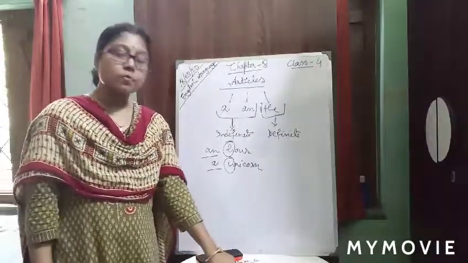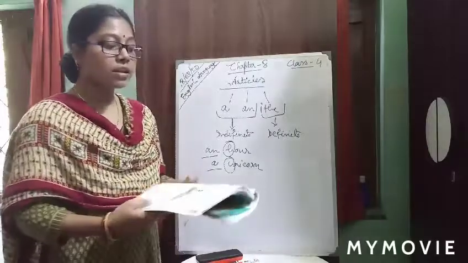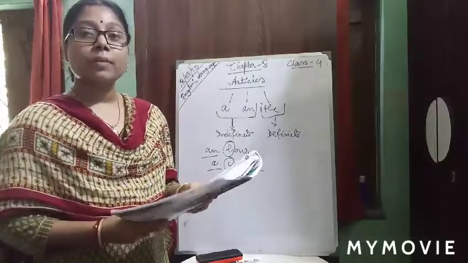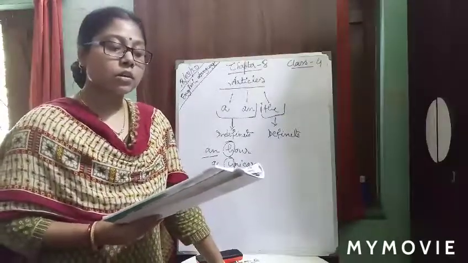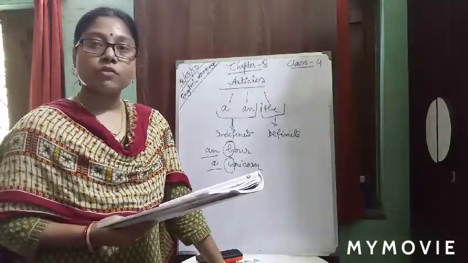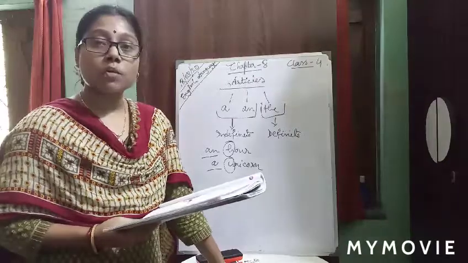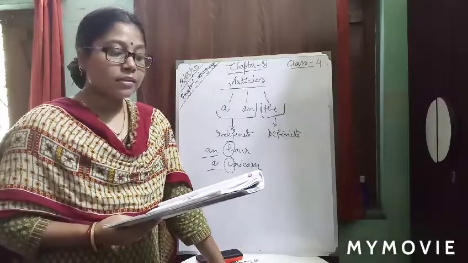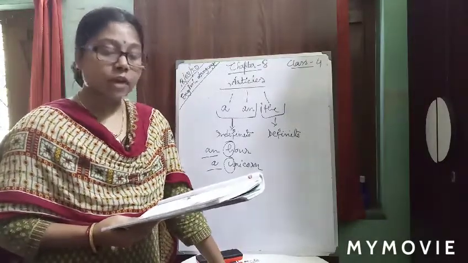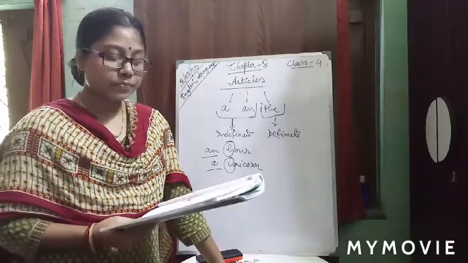Now let us see the next passage given here. A passage is given where a family's vacation is described, and we have to use articles here. We have just come back from an enjoyable trip to Nainital. The hill station is a famous tourist destination.